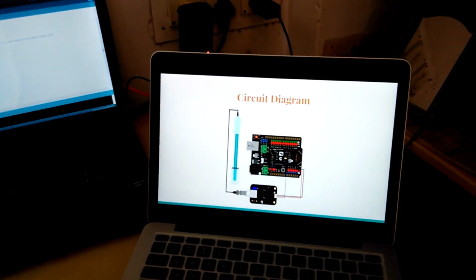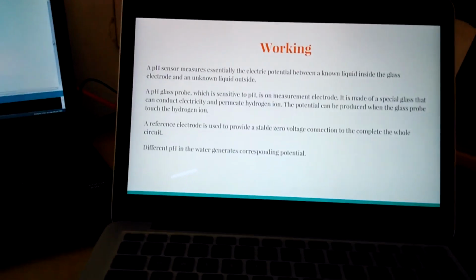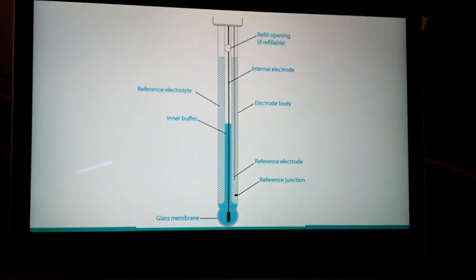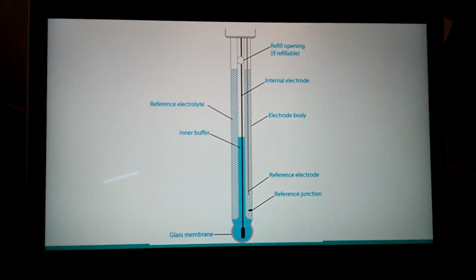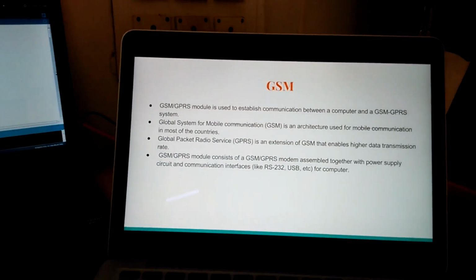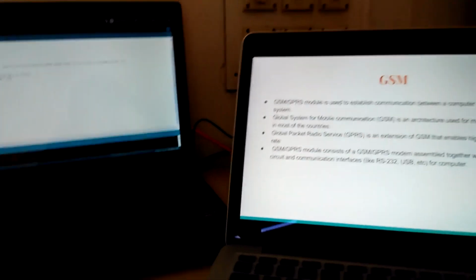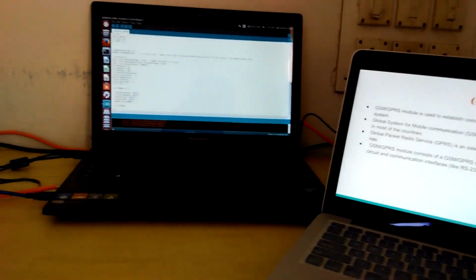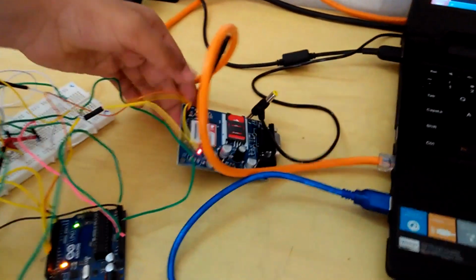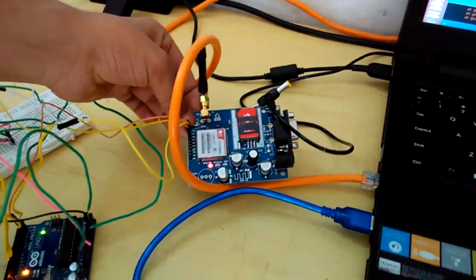This is the circuit diagram. It's not very complicated. This is the structure which I was talking about. And finally, we have used a GSM module, SIM 900A. It is basically like a simple mobile phone which is able to send and receive calls and SMS.